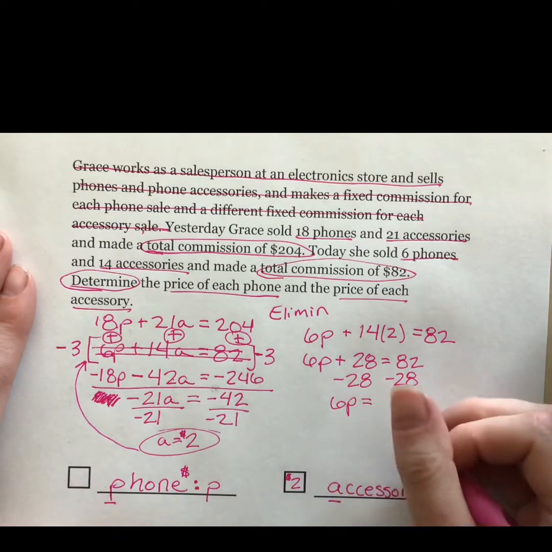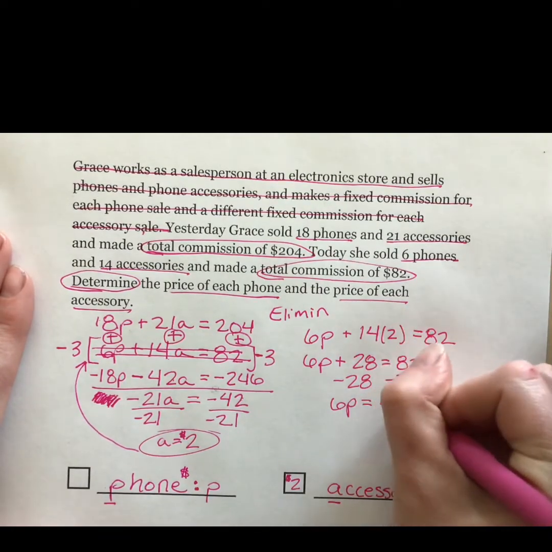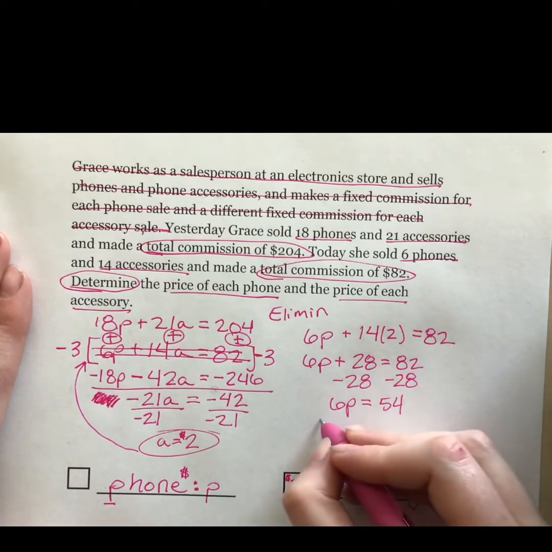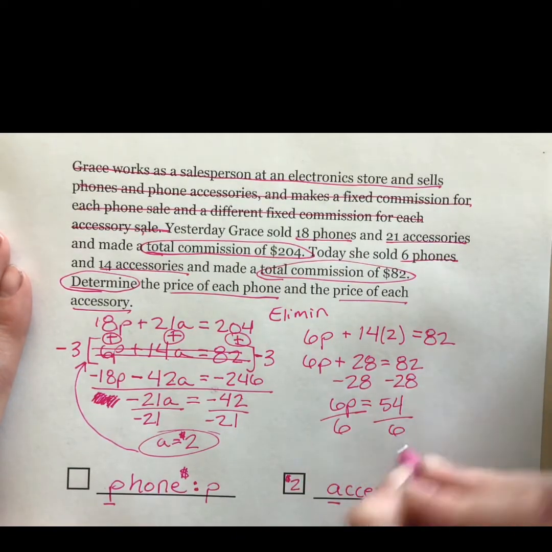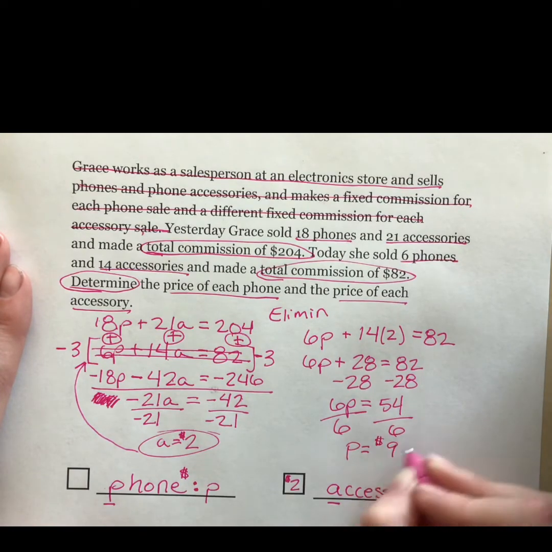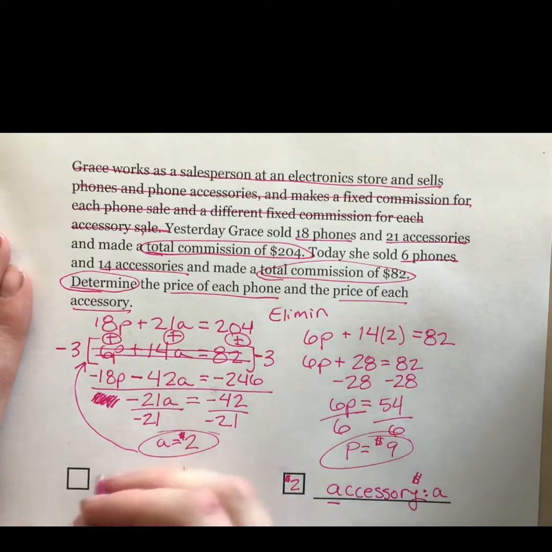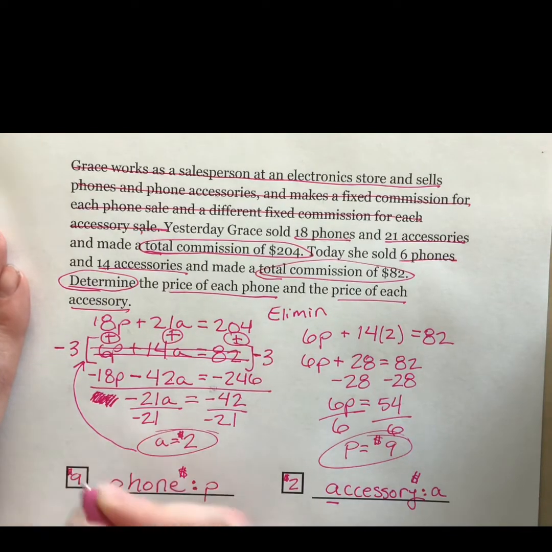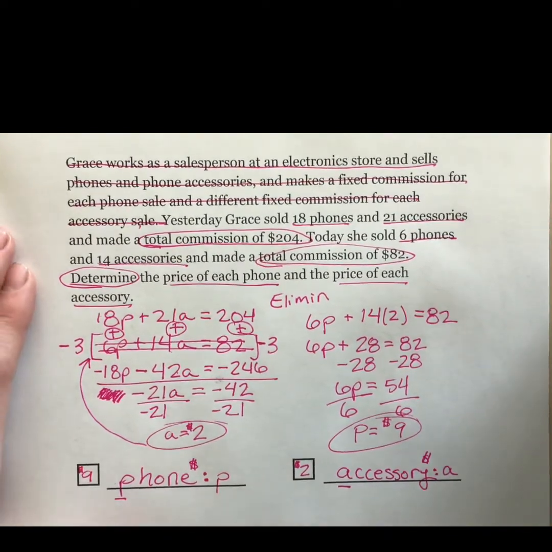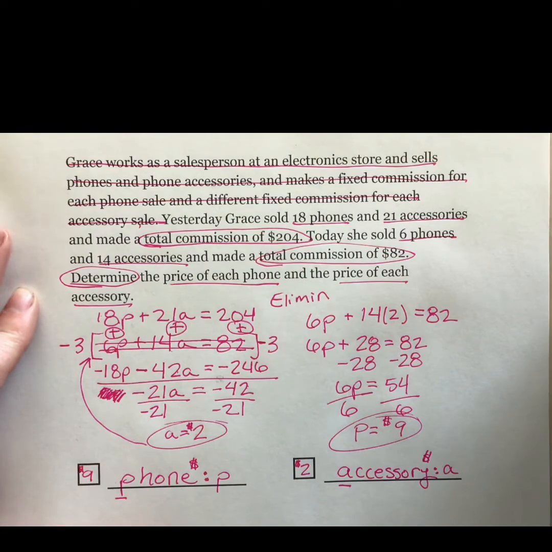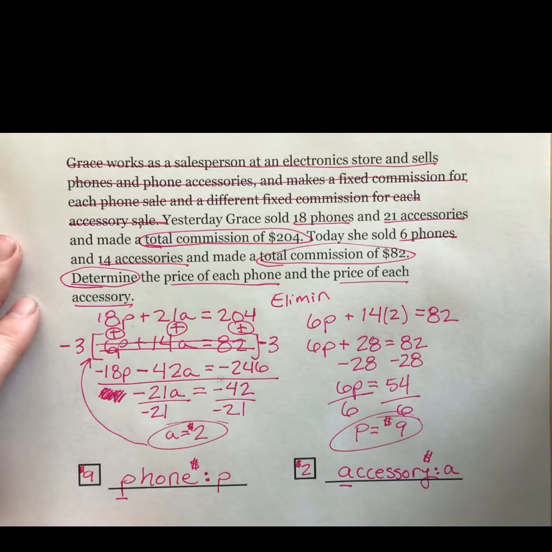We'll give Grace a total of $54. But I want to know for just one phone, so I divide both sides by 6. And we get that the phones equal $9. So phones, $9. And we've solved for Grace's commission problem that she was having.